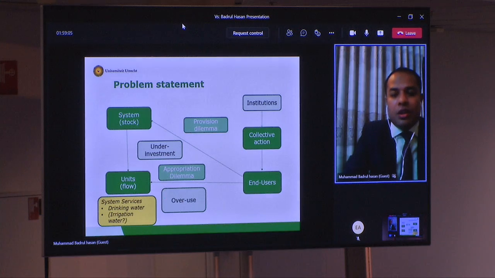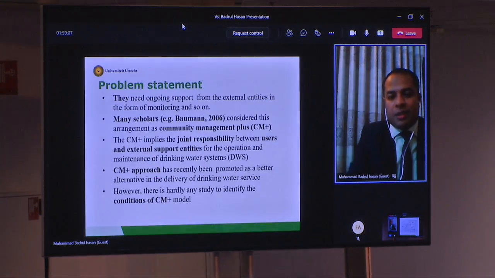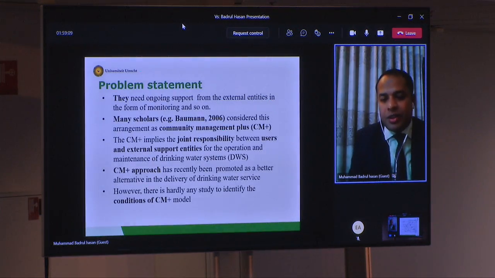So they need support from an external entity, for example a public agency, local NGOs, or a local government institute. This arrangement is considered by many scholars as the community management plus model, or the co-production approach by Eleanor Ostrom, and community management plus was introduced by Eric Bowman in 2006.